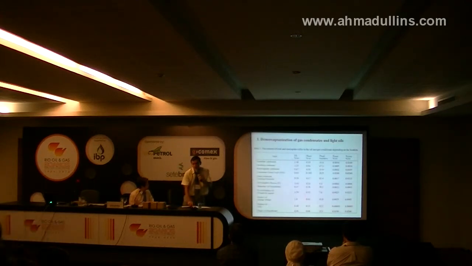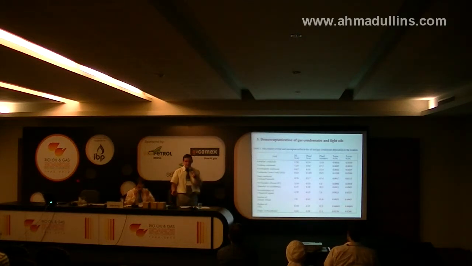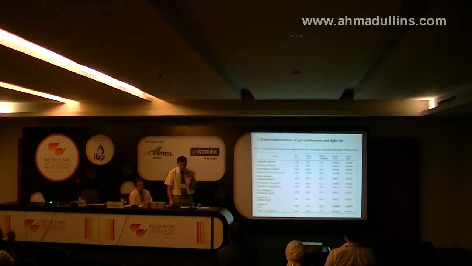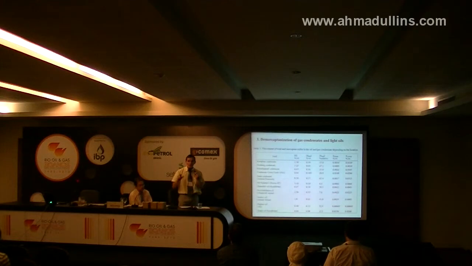So the next technology we are going to propose here is about the demercaptanization of gas condensates and light oils. During hydrotreatment of Astrakhan high-mercaptan condensate, it was established that the presence of mercaptans in the feed increases the frequency of regeneration of the hydrotreatment catalyst.